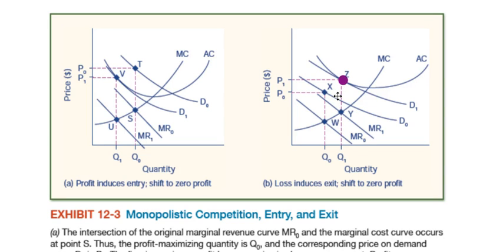So that's the difference. For a monopolistic competitor in the long run, the market is going to adjust by firms entering or leaving until all the firms that remain are at zero economic profit.